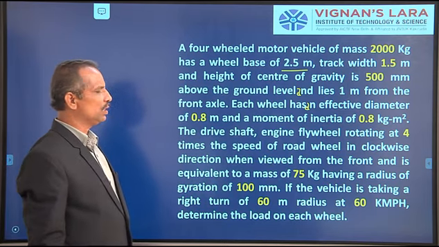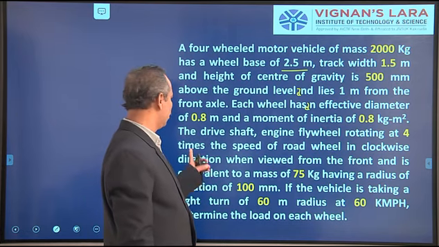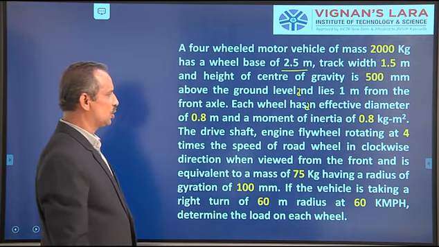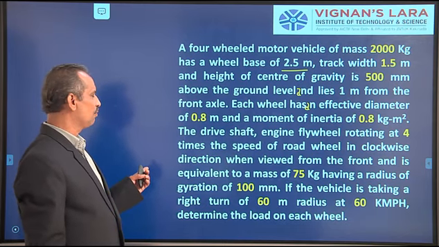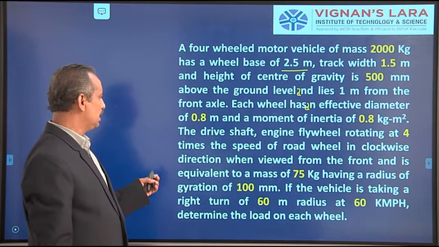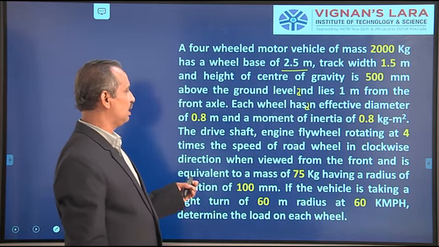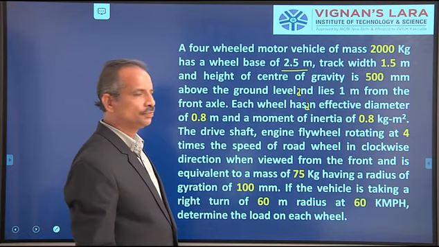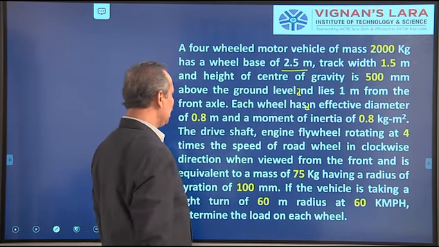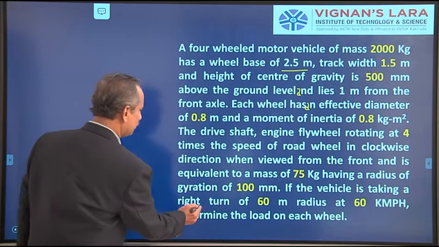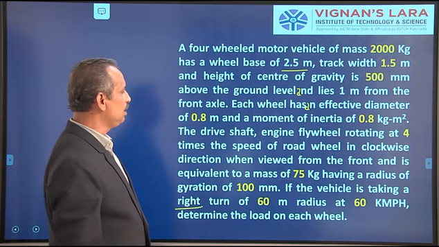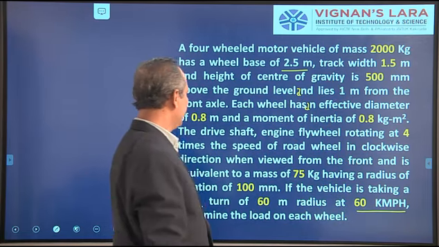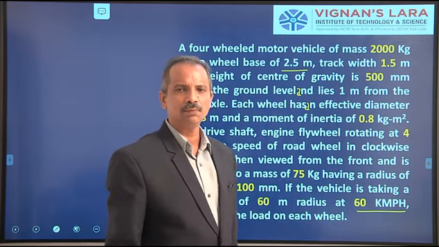The drive shaft and engine flywheel rotate at 4 times the speed of the road wheel in clockwise direction when viewed from the front, and are equivalent to a mass of 75 kg having a radius of gyration of 100 mm. If the vehicle is taking a right turn of 60 meters radius at 60 kmph, determine the load on each wheel.